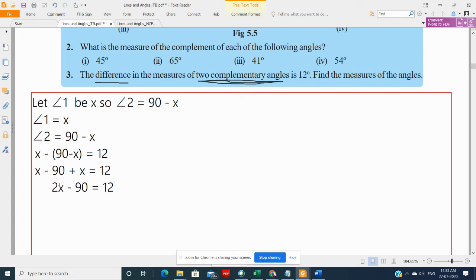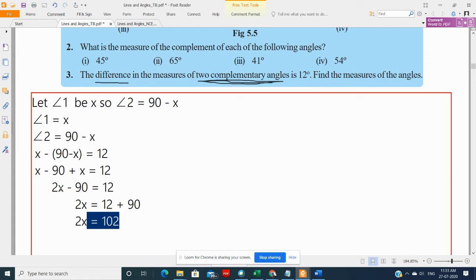Now, if you solve it with the transposition method, we don't need this 90, so we'll get rid of it and change its side. It would become plus 90. 90 plus 12 would become 102.